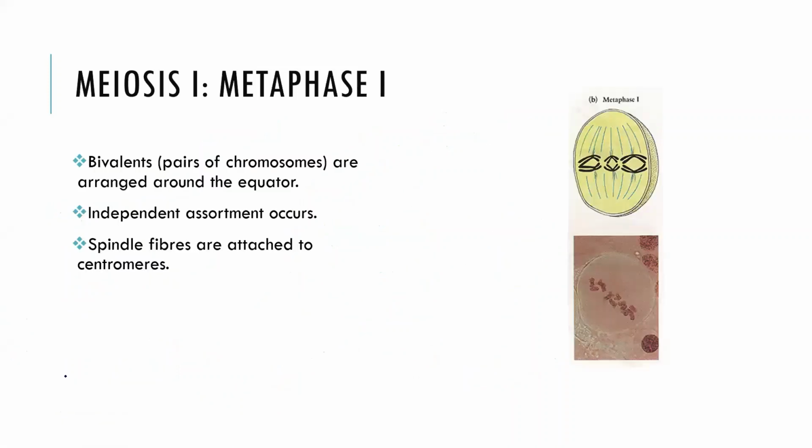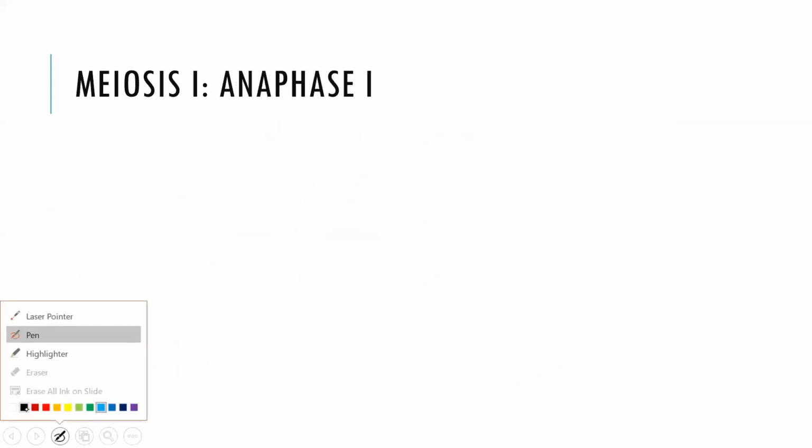So here you have the metaphase. You have the individual chromosomes as pairs lined up in the equator. So independent assortment occurs, and the spindle fibers are attached to the centromeres of each chromosome. Okay. So then you have the anaphase.